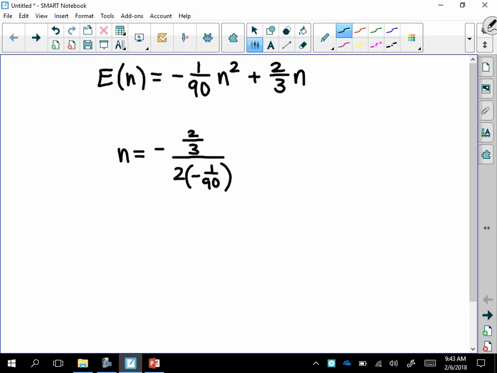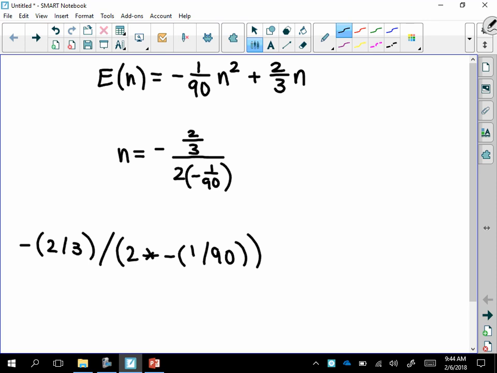So it's going to be negative 2/3 divided by 2 times negative 1/90. You have to be careful when you put this into your calculator. To me, the best way is with fractions in parentheses. So I'm going to do negative parentheses 2 divided by 3, and then divided by, and I've got to put my denominator in parentheses: 2 times negative parentheses 1/90th.